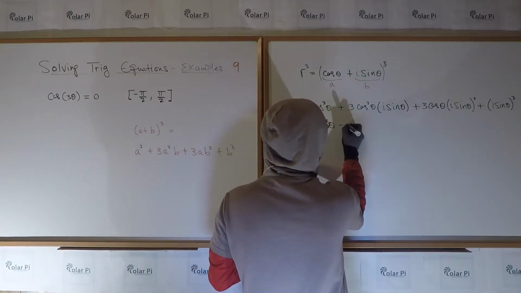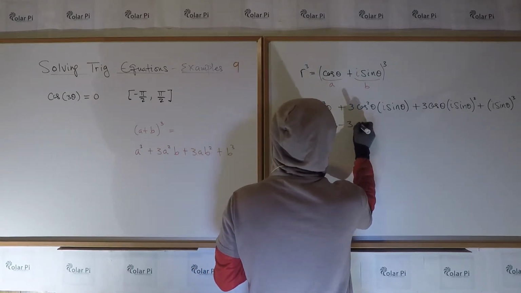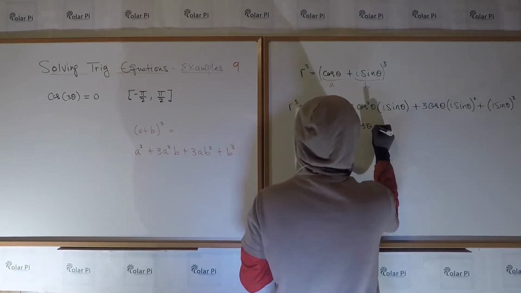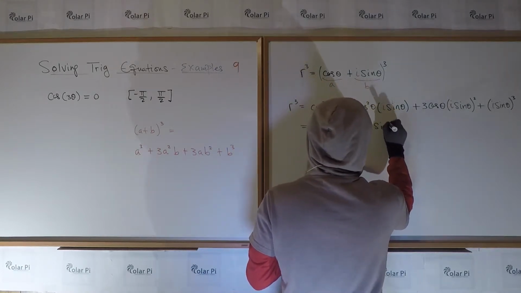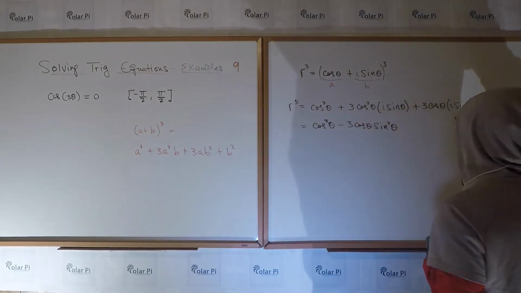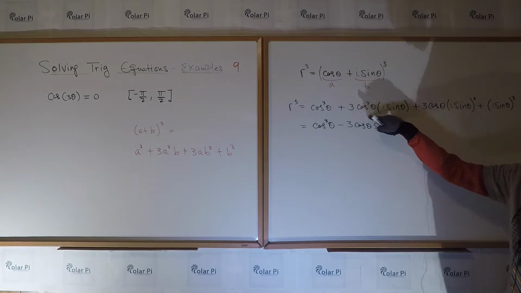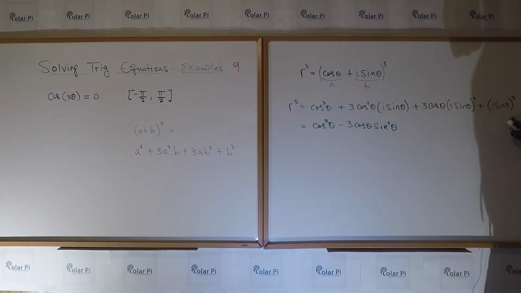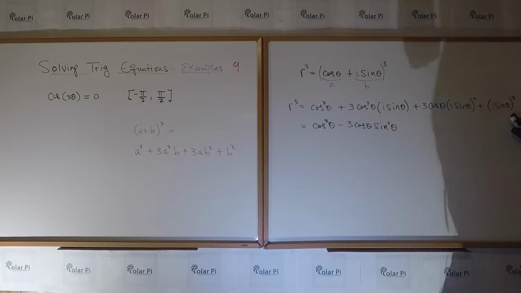So I'm going to write minus 3 cos theta sine squared theta. But the remaining two terms will have an i in them. This guy, obviously, and this guy, because i cubed sine cubed is what we're going to get. And i cubed is negative i, so I'm going to get negative i times sine cubed in this part.